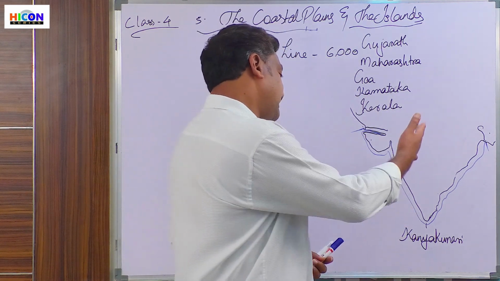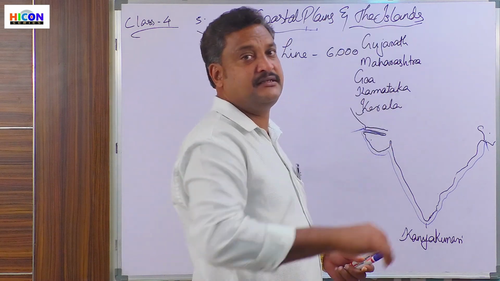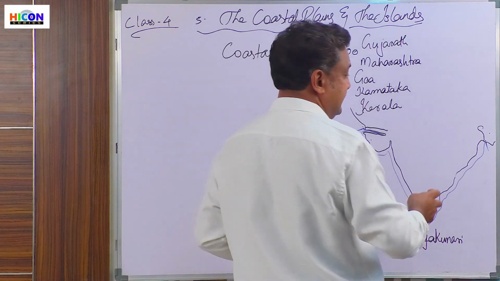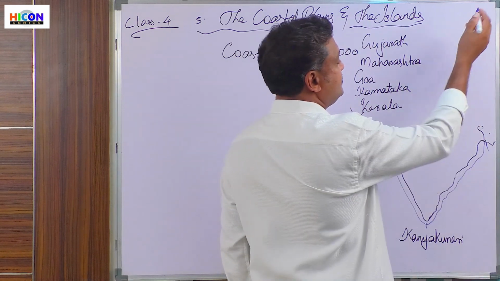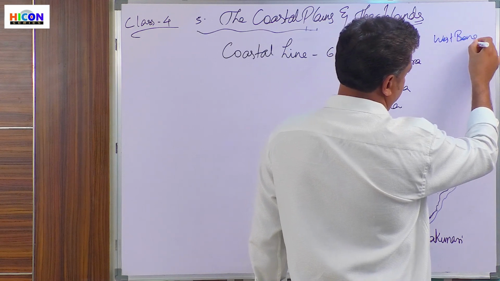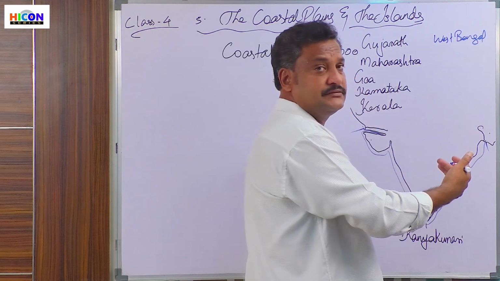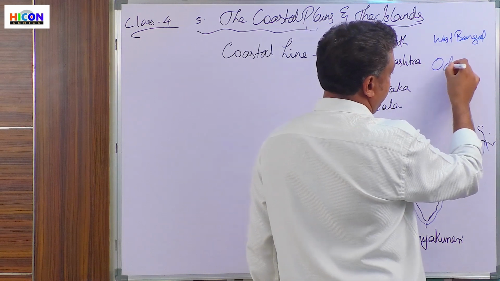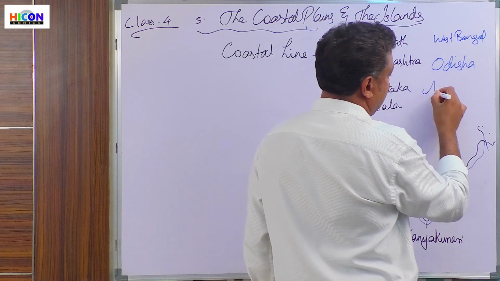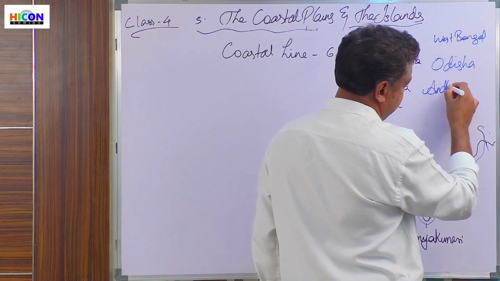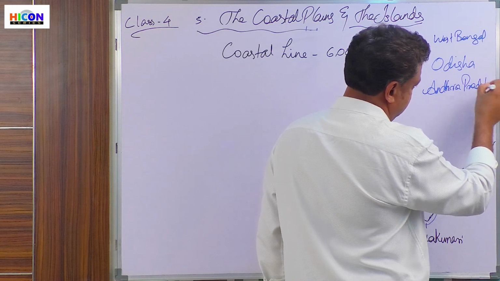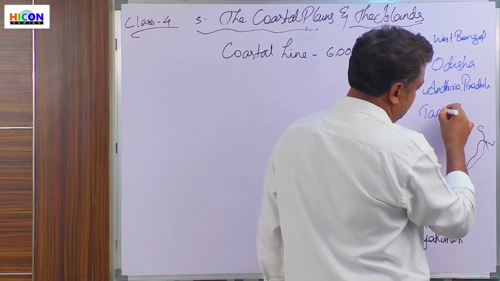Now, from Kanyakumari, it takes an eastern twist to the northeastern side, and here the topmost is West Bengal. Below that, Odisha. Below that, Andhra Pradesh. Below that, Tamil Nadu.